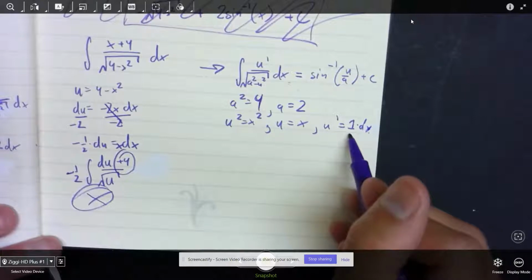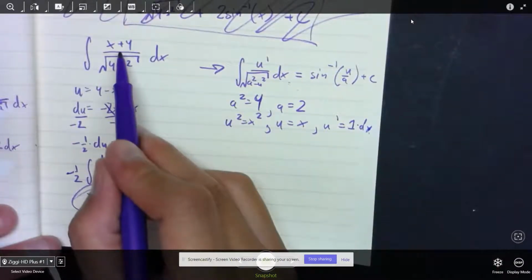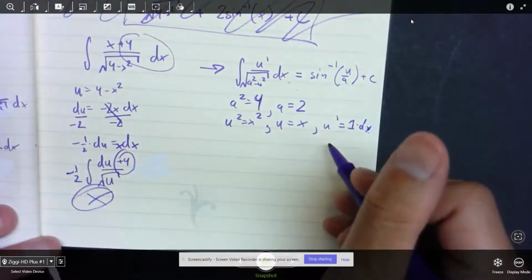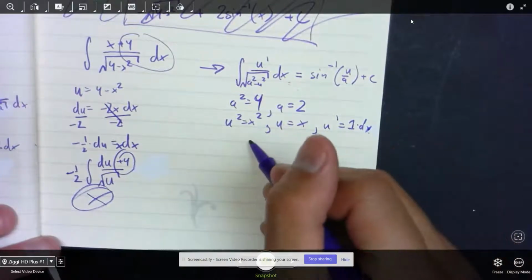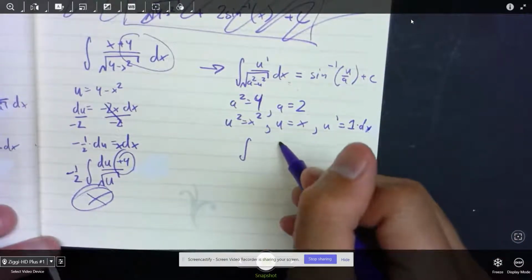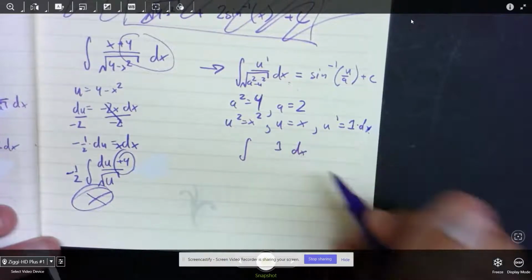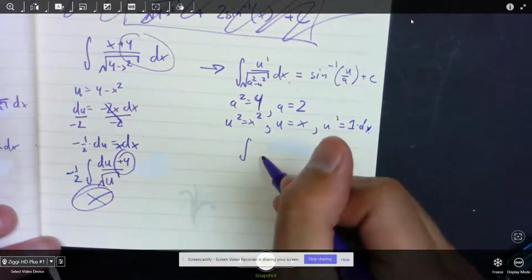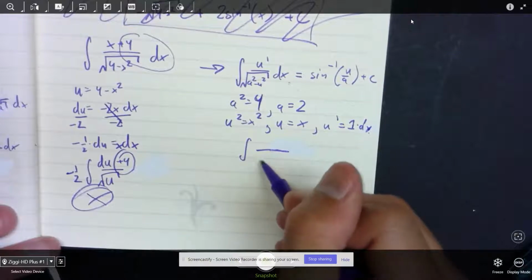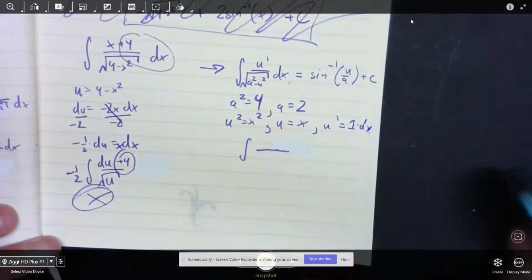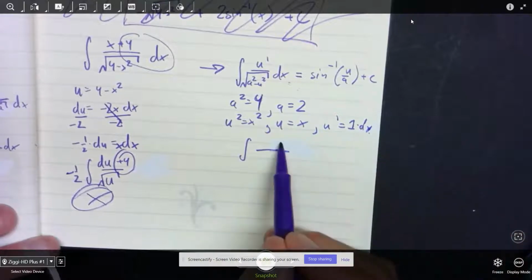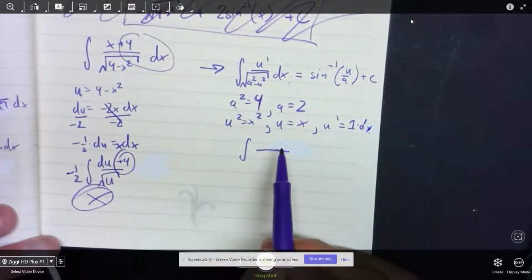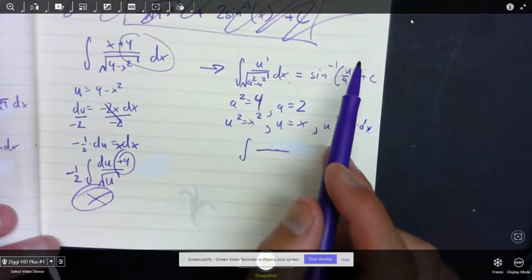Okay, so let's compare that to what we have over here. Let's see if we can replace all the terms that we have here with this, then we can write it as inverse sine of u over a.